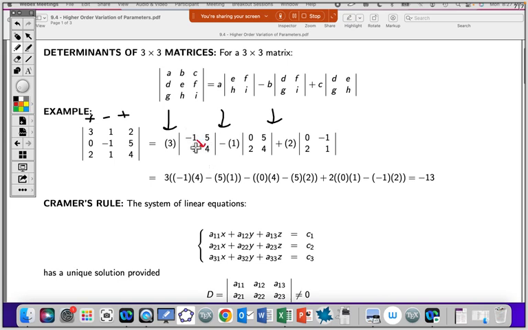So minus 1 times 4, minus 5 times 1; 0 times 4, minus 5 times 2; 0 times 1, minus negative 1 times 2. And then you go through the arithmetic here. 3 times, you've got a minus 1, minus 4, minus 5.